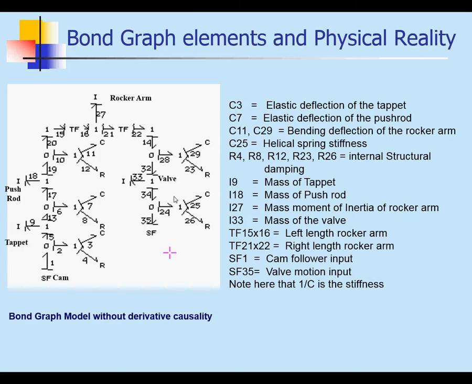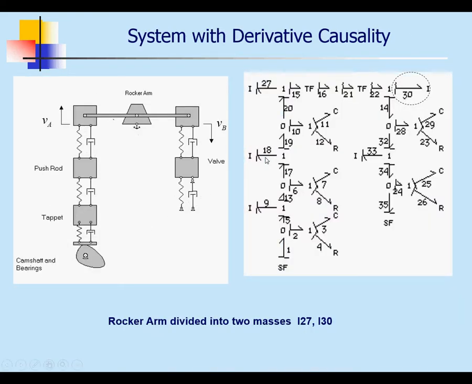Then SF35 is the motion of the cam. Just make sure we notice that 1 over C is stiffness. Okay, very good.